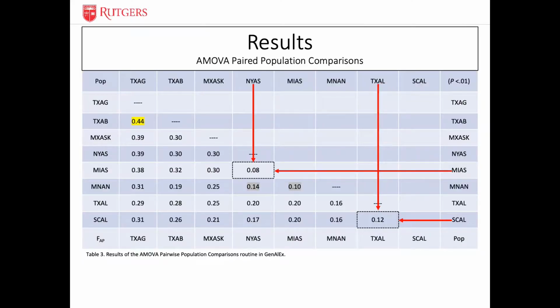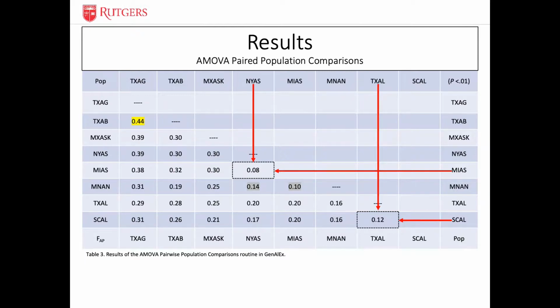Table 3 summarizes results of the AMOVA pairwise population comparisons. Population codes are listed along the perimeter of the table. Values within cells represent divergence among and within hard maple study groups. Red arrows indicate values for interspecific divergence between populations of Acer saccharum from Michigan and New York, coded in the table as MIAS and NYAS, and Acer leucoderm from South Carolina and Texas, coded as SCAL and TXAL.